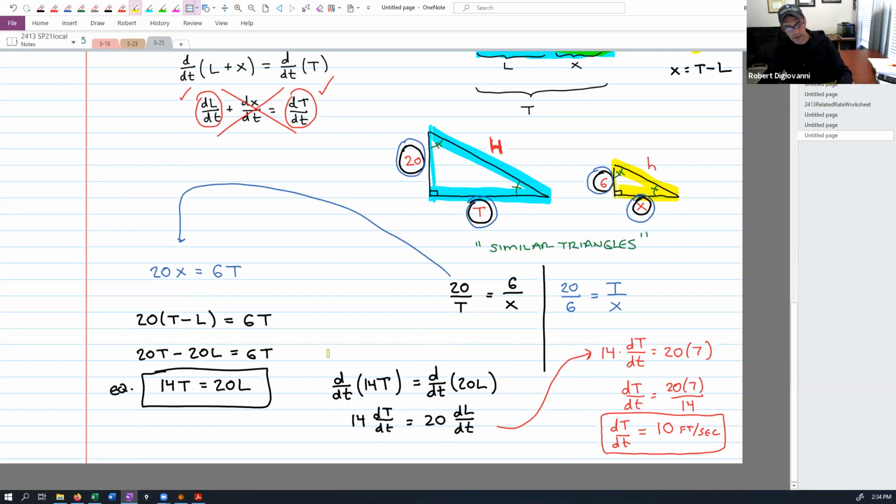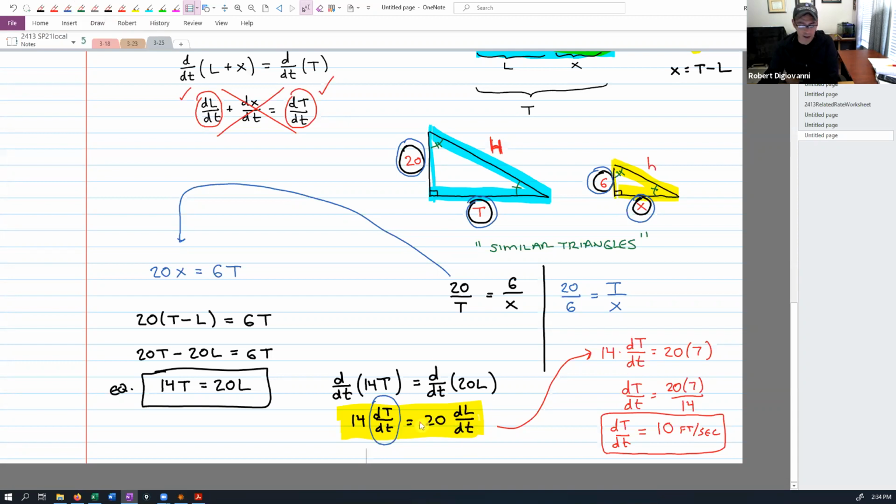Once we took the derivative here, right? Here was our derivative. All we had to do, sorry, not that one. This is our derivative. And we were interested in finding this, right? Do you all see that to find dt dt, the only thing you need to know is dl dt?